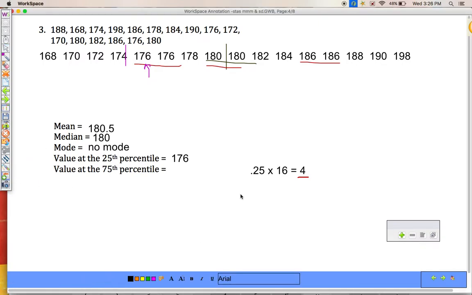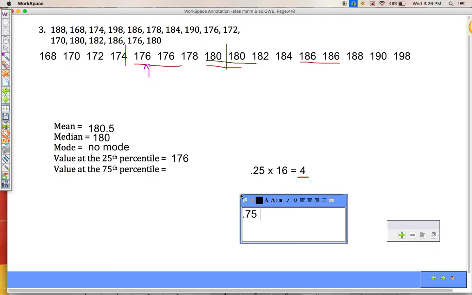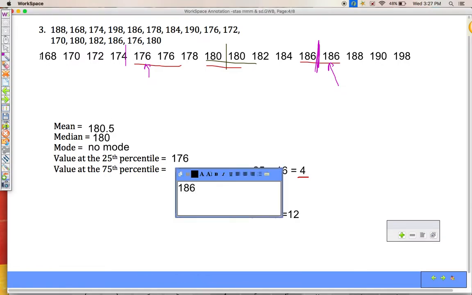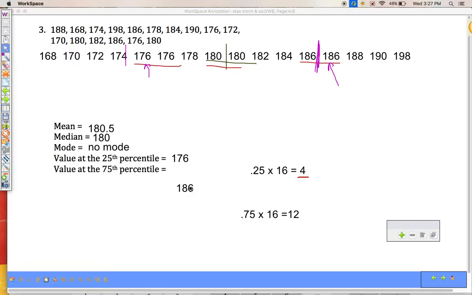For my 75th percentile, I'm going to do 0.75 times my 16 terms. Do my math, and I'm going to get 12. So I'm going to count 4, 5, 6, 7, 8, 9, 10, 11, 12. Take the next term, 186. So the term 186 has 75% of the data below it.